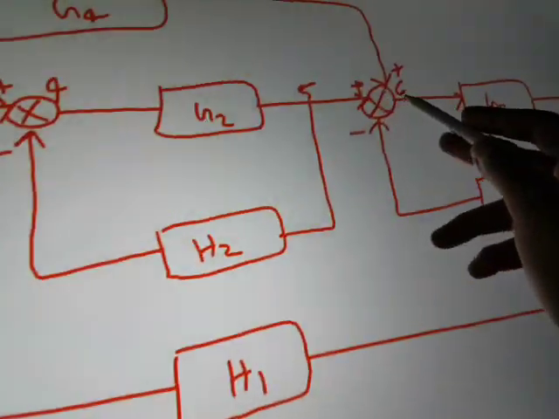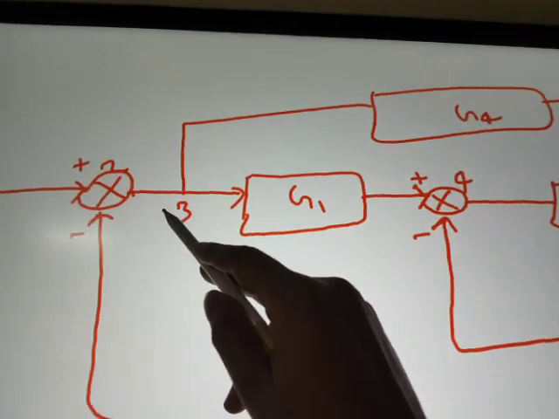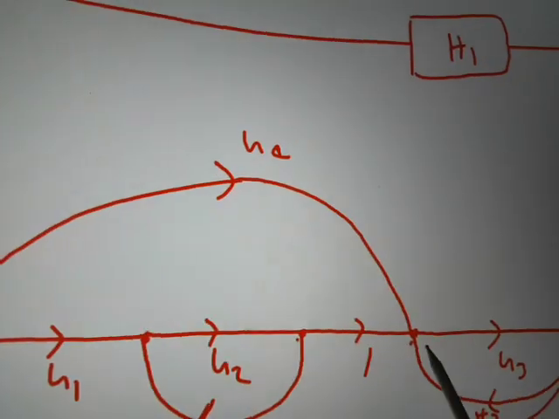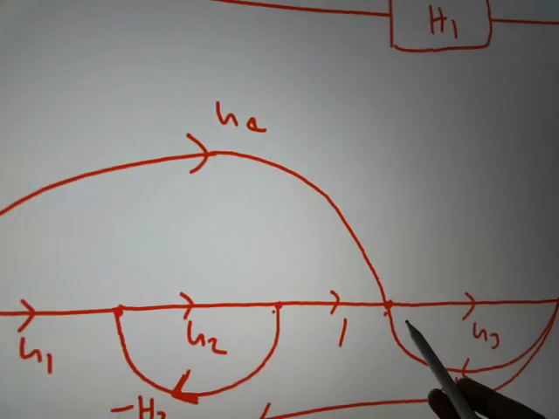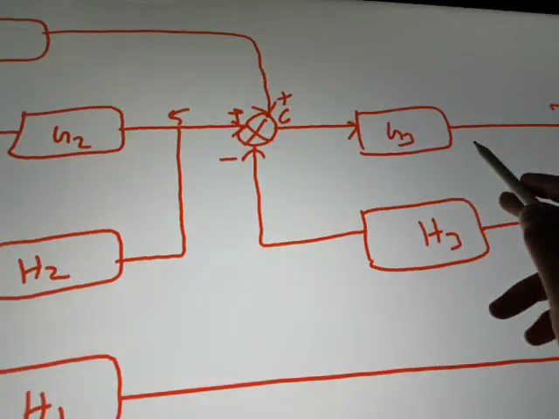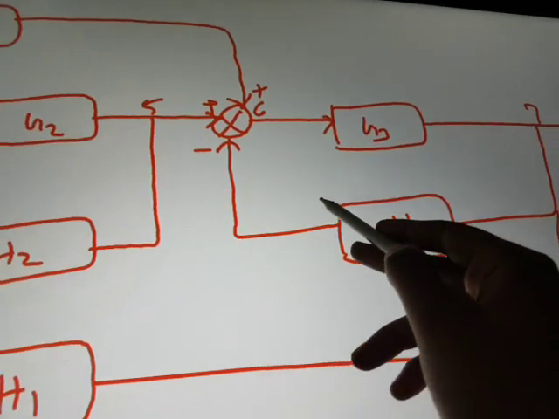Now at node 6, G4 is coming from node 3, so we connect G4 at 6. From node 6, one outgoing branch is G3 and one incoming is H3.